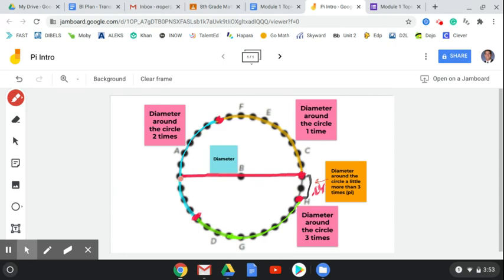Pi is the ratio of the circumference of the circle to its diameter. So if you take the diameter of any circle and wrap it around the circle, it will go around the circle three times and a little bit more. And that's where we get pi from.